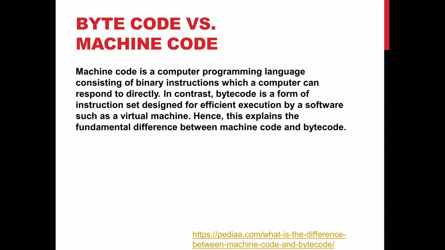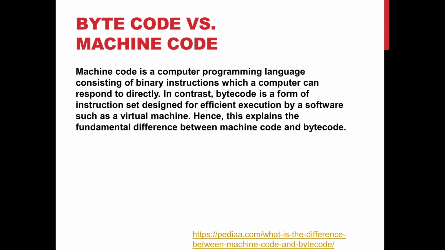Machine code is a computer programming language consisting of binary instructions which a computer can respond to directly. In contrast, bytecode is a form of instruction set designed for efficient execution by software such as a virtual machine. Hence, this explains the fundamental difference between machine code and bytecode.